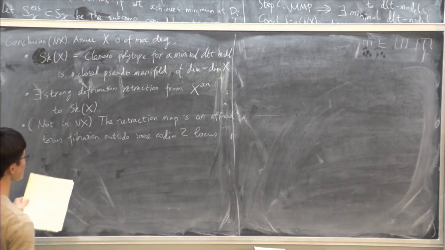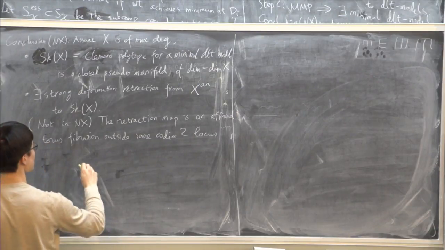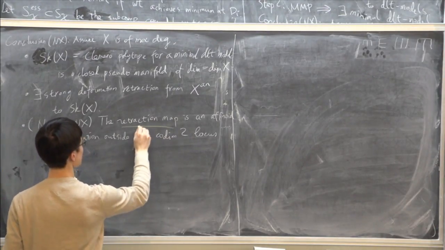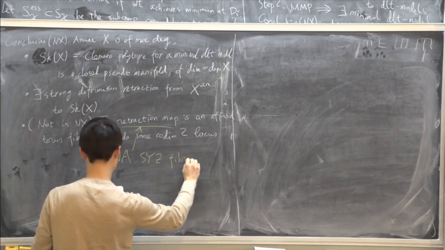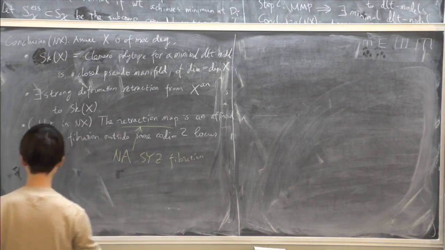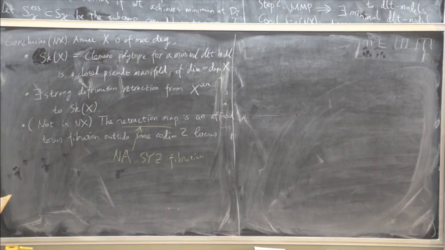And we call this the non-archimedean SYZ fibration. So one can look again at our running example. We can take a minimal model, for example the small resolution one, and in the small resolution case, the Clemens polytope coincides with the essential skeleton, which is a tetrahedron.